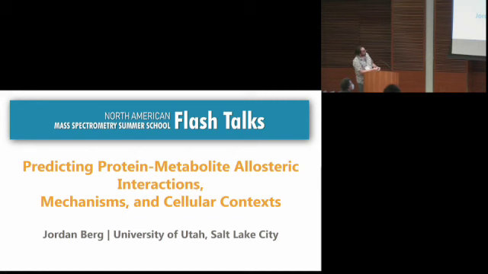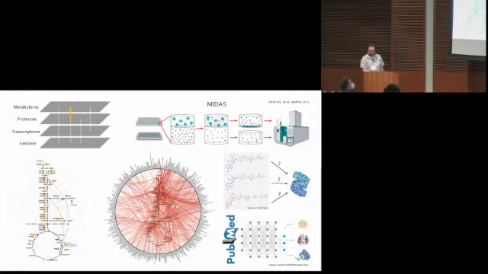Okay. So I come from the Rutter Lab, where we get really excited about metabolic regulation and trying to expand on our current knowledge of what the metabolic network is. We think a lot about the different levels of metabolic regulation that can exist, and how all of the omes can interact.